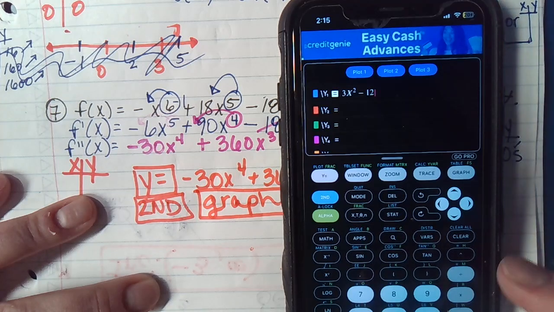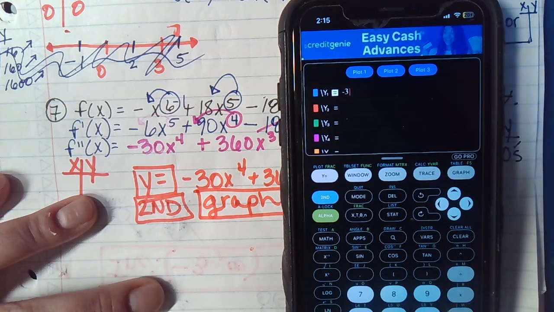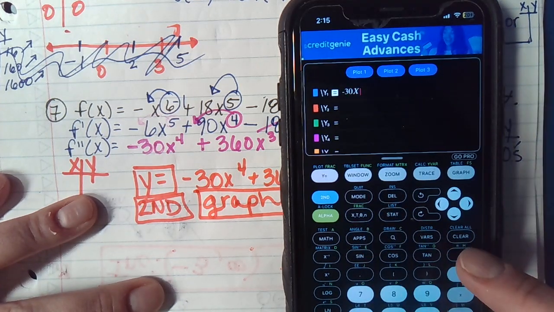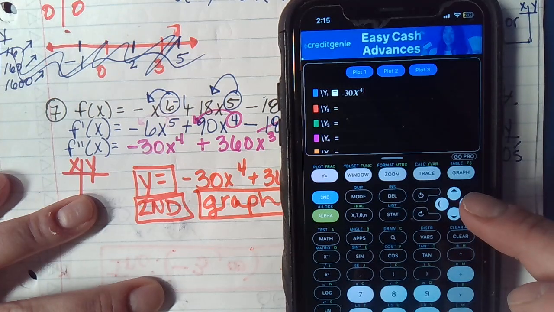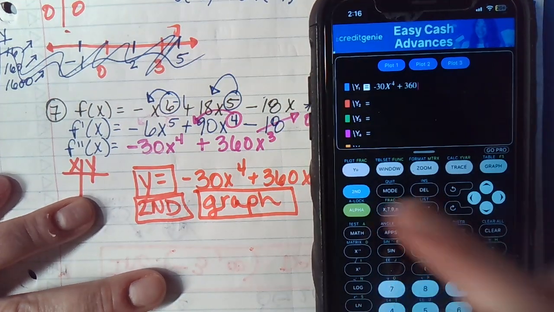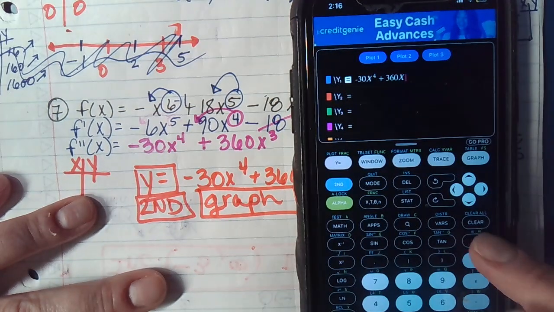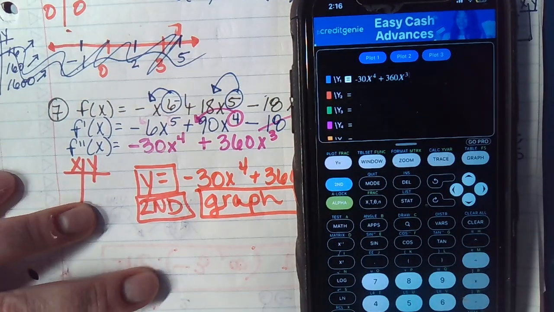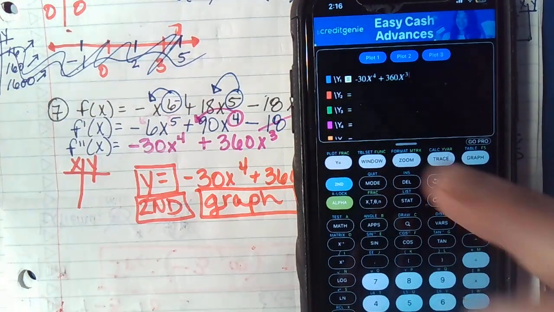So y equals clear, negative 30, x, raise the roof, 4, get back down, okay, plus 360x, raise the roof, 3. Then press second graph.